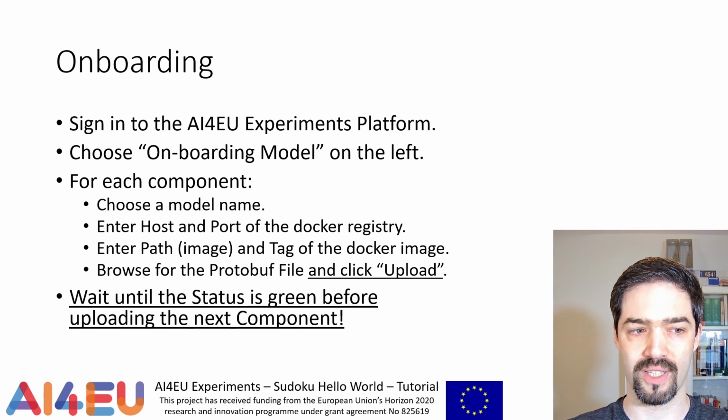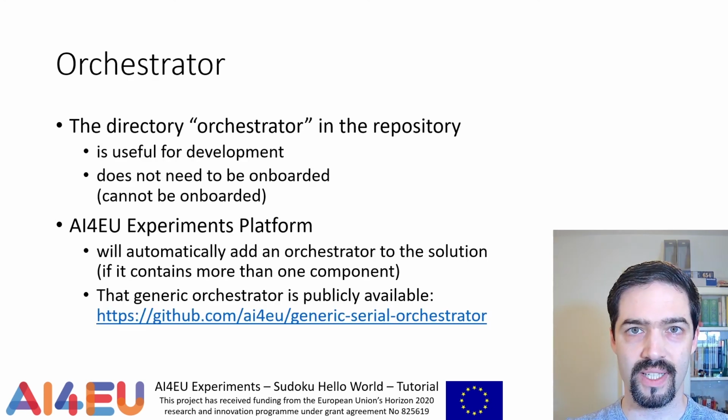This is important. At this point I want to give a small remark about the orchestrator. In the Git repository there is a directory orchestrator. This is useful for developing the whole solution. It can also be useful for you, but it does not need to be onboarded, or it cannot be onboarded because it is not a Docker image.